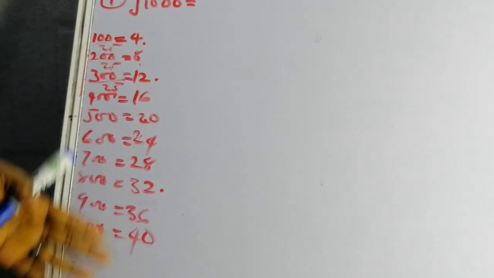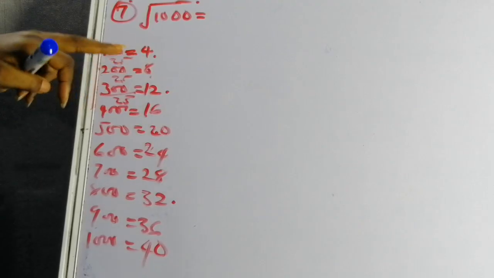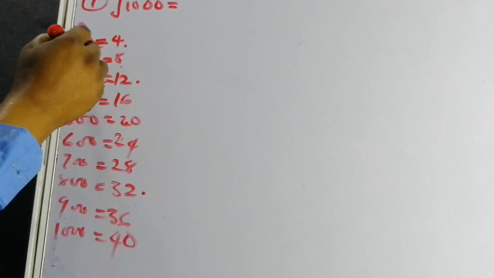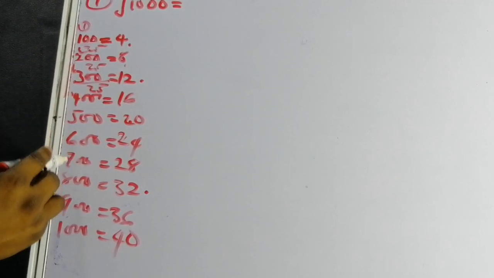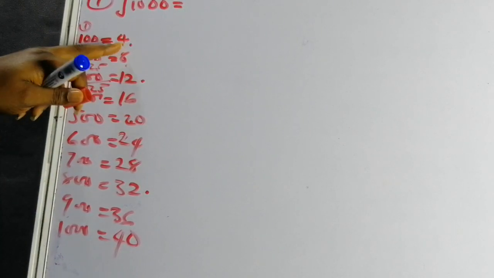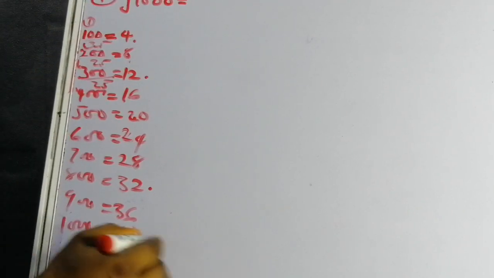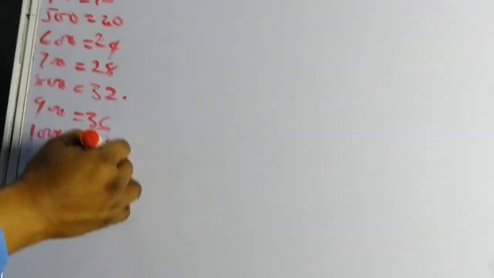If you're working on JAMB, you can quickly ascertain this. If I get the first 4, then I can times it by 10, since this one goes in 10 places: 1, 2, 3, 4, 5, 6, 7, 8, 9, 10. So 4 times 10 gives me 40, which is the one I've gotten here.